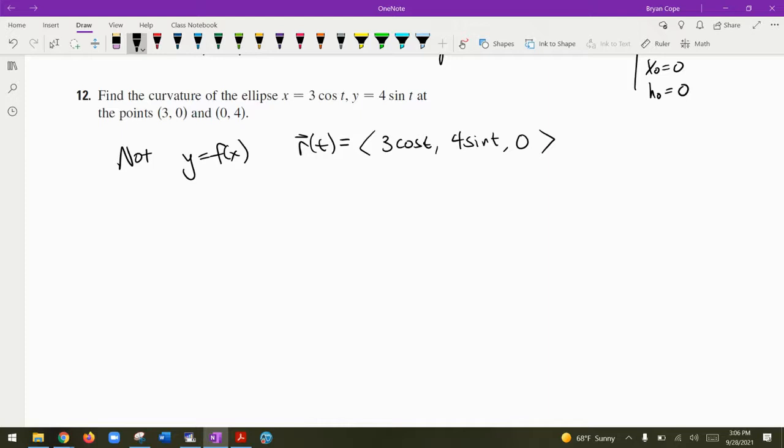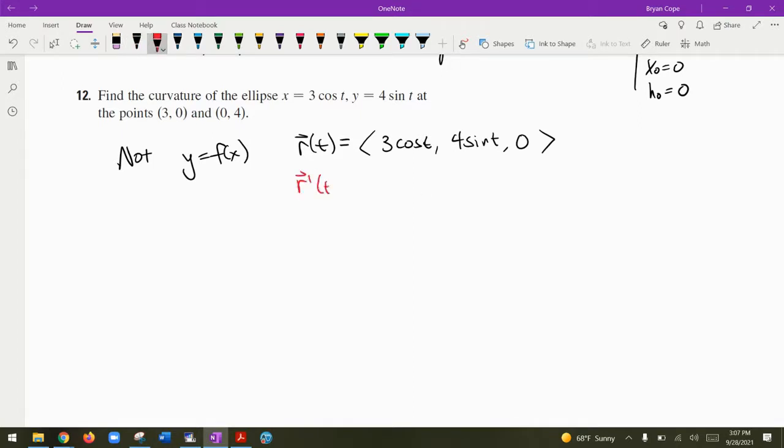Okay, let's have you guys walk me through these steps. Max, let's use this curvature formula right here. First, can you please find me r prime?